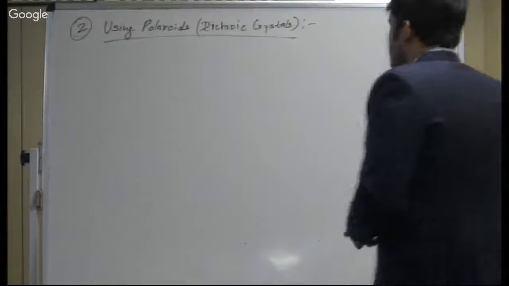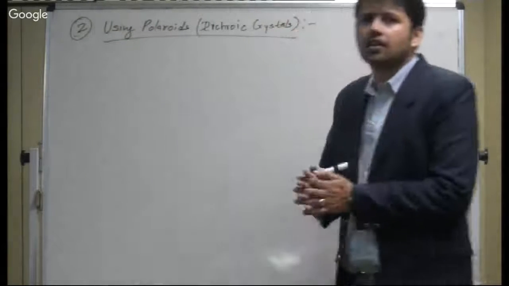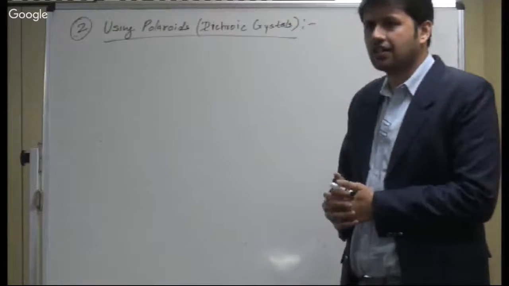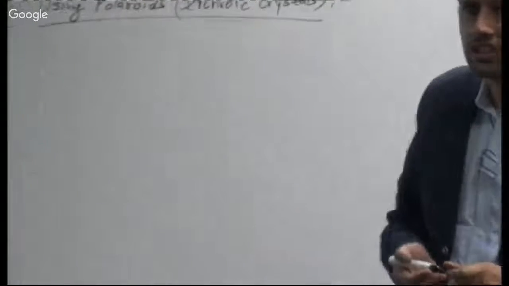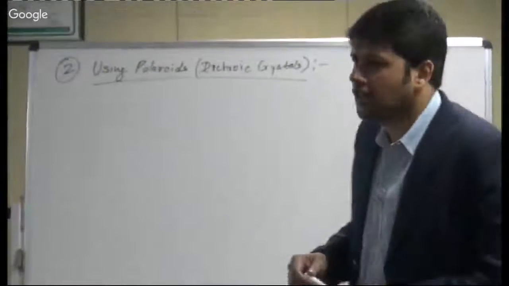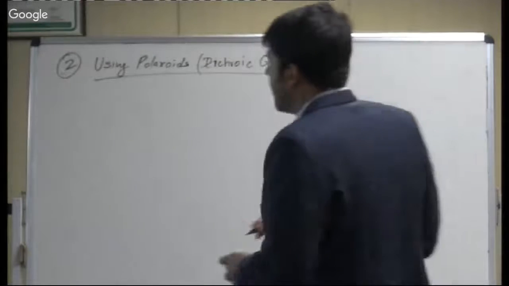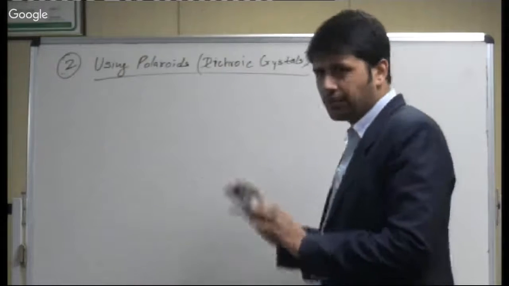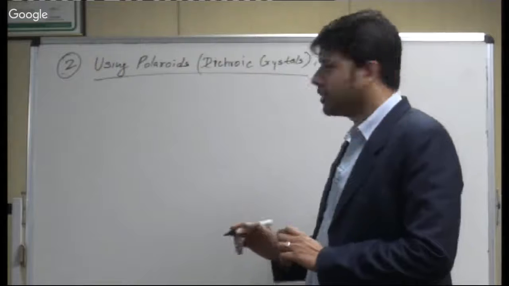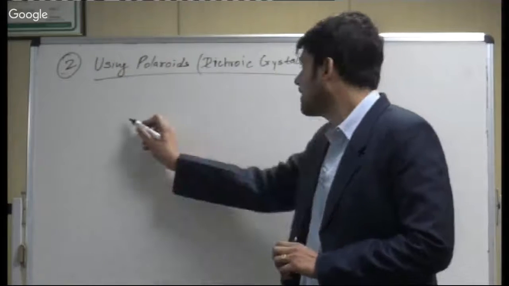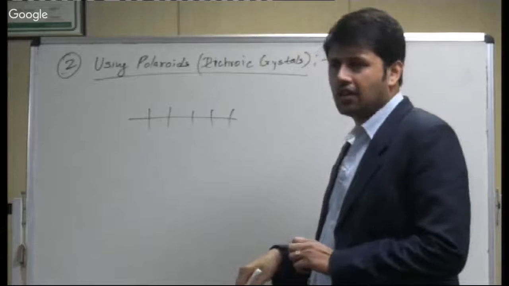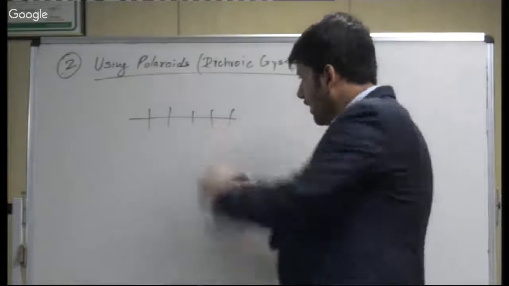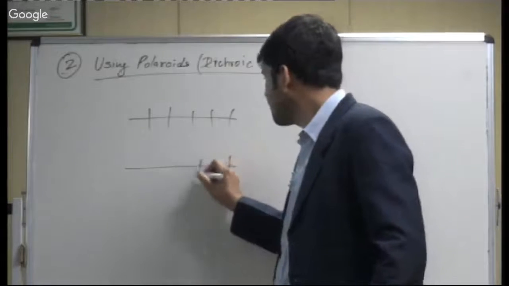Dichroic crystals are long chain hydrocarbons, or some crystals which have long chains. Ionic form may also. They should have long chains. So let's say they have a long chain like this, and we have two chains.